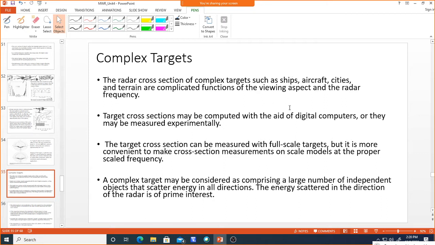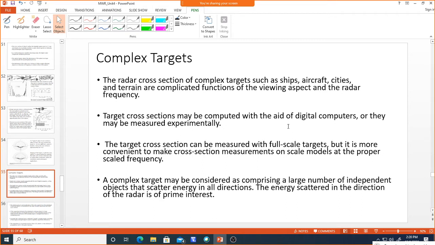Like that we can divide the target and calculate the RCS of the complete target. That is one method. And even target cross sections may be computed with the aid of digital computers. As I said, if you take a complex target, you can divide it individually, get the data from individual targets, and sum up or integrate the complete RCS of all the targets.